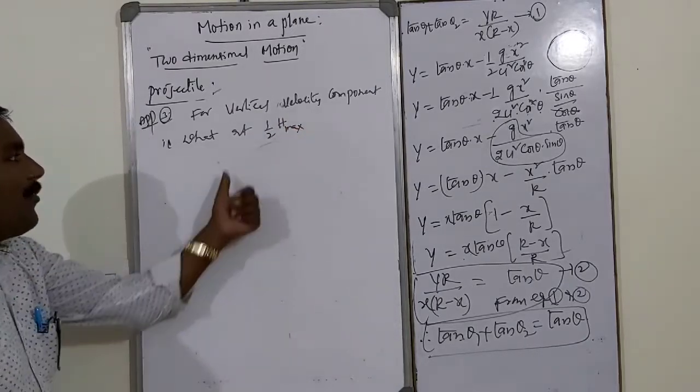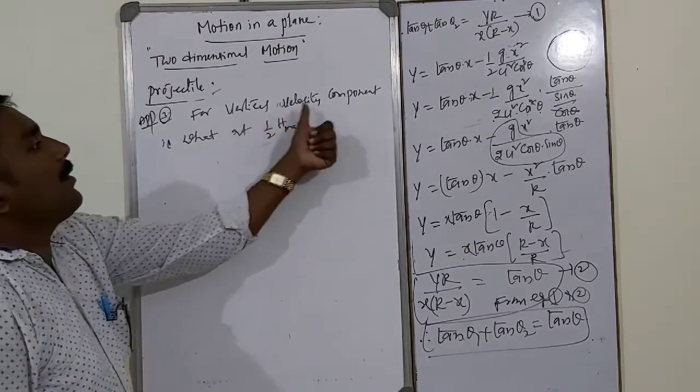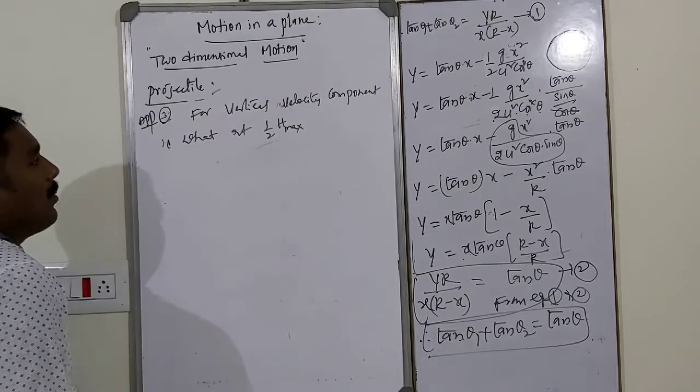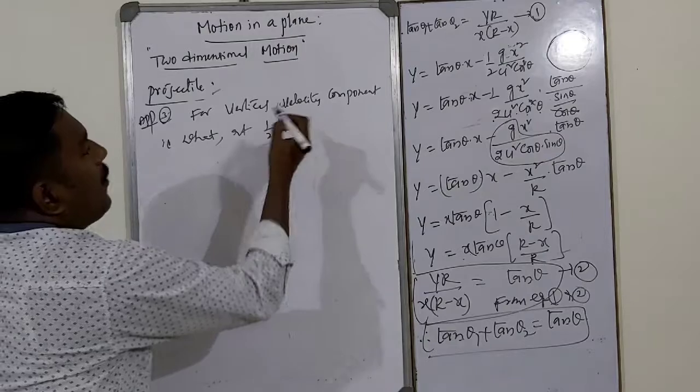So at half of the maximum height, what is the vertical velocity component?